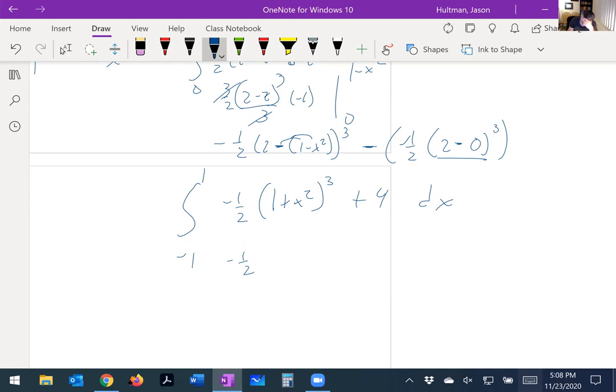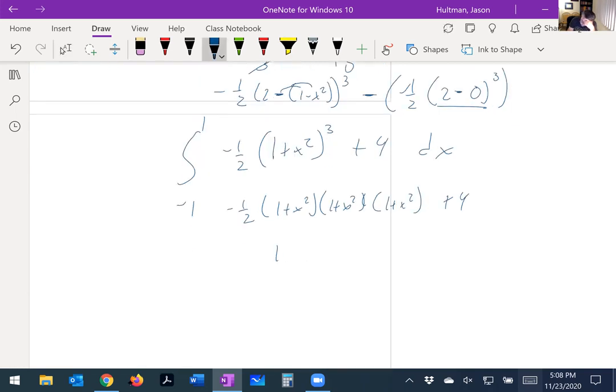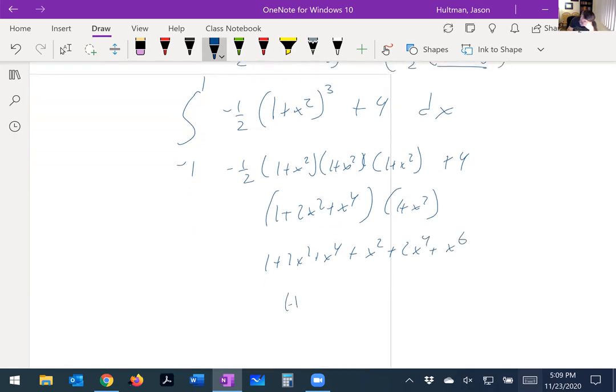So cubing this out, this is going to be 1 plus 2x squared plus x to the 4th, and that all gets multiplied by -1/2 and added to 4.